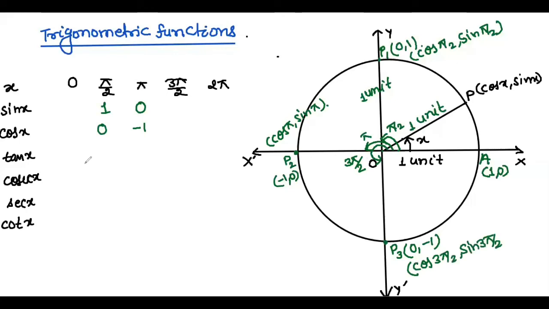According to that, cos 3 pi by 2 is 0 and sine 3 pi by 2 is -1. Now again, this point is 0 degree. Similarly, 2 pi, after completing one revolution, this angle is 2 pi. 0 radian or 2 pi radian, both values will be the same.